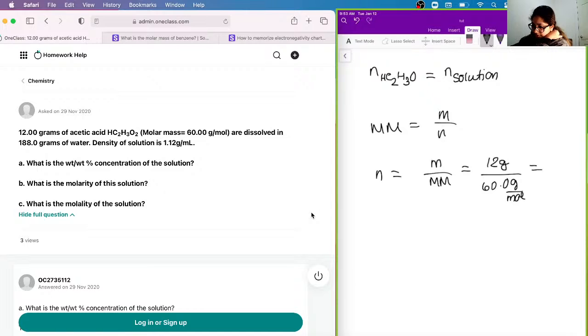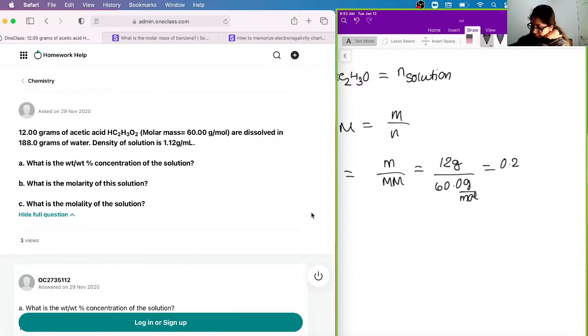And once you do the math here, it's 0.2 moles. Okay.